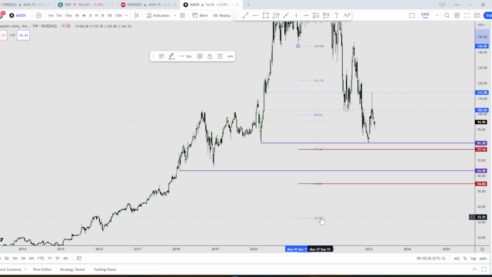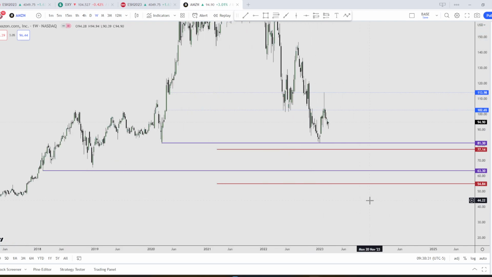Okay, so what I'm expecting is, if price is going to take out this low, I would like to see if price is able to reach into this level. Similar to Alibaba, let's see if we can find a temporary bottom at 77.4, or if the price is super bearish, and wants to take out these relative equal lows, I think it can reach as deep as 54.84.